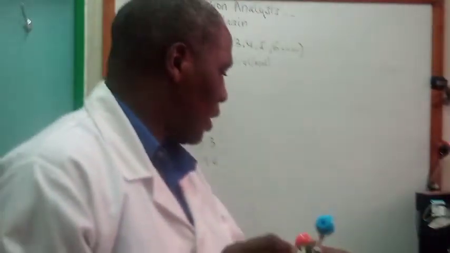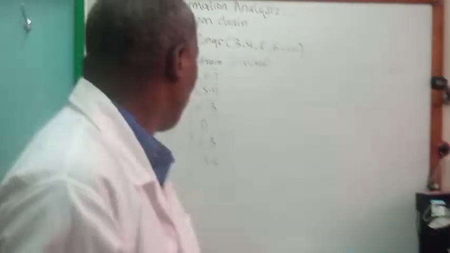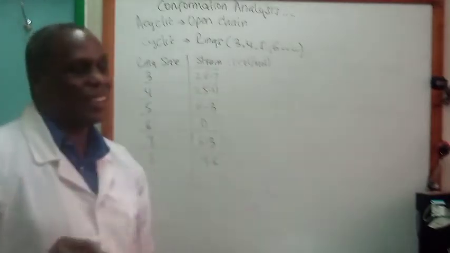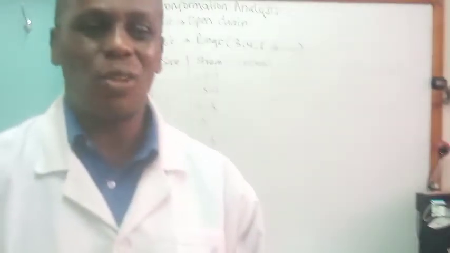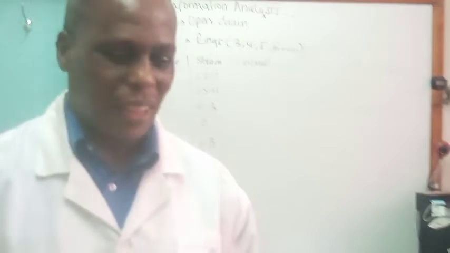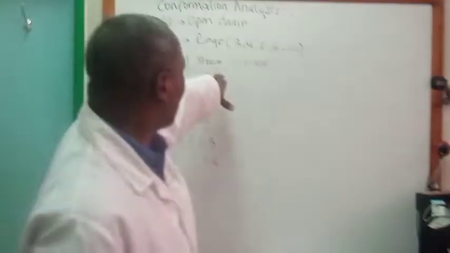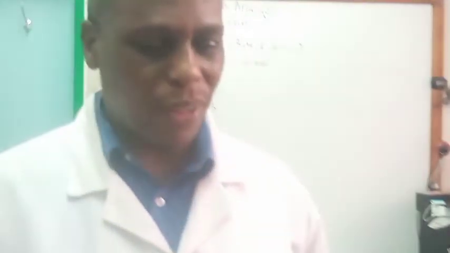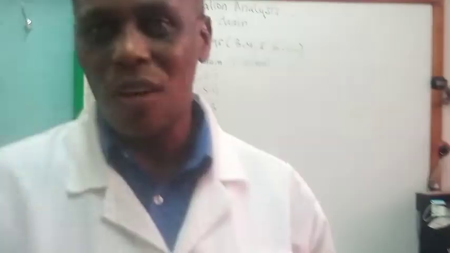In this case, we are seeing the ring strain shown in kilocalories. A calorie is, nowadays we use joules. So if figures are given in calories, how do you convert them to joules? One calorie is 4.184 joules.